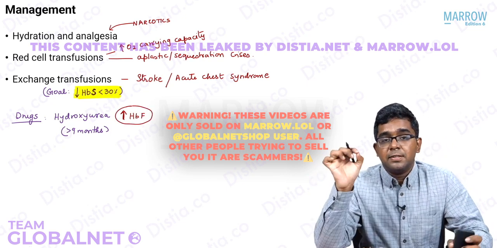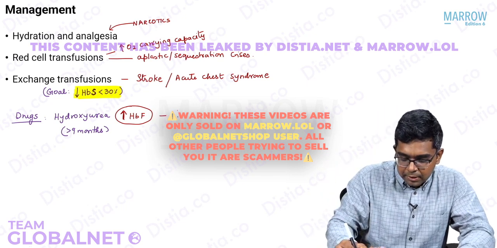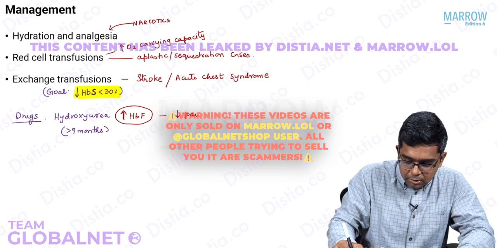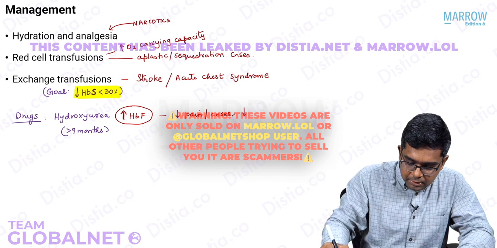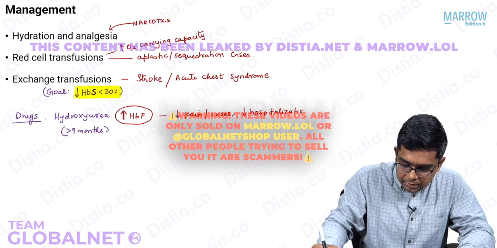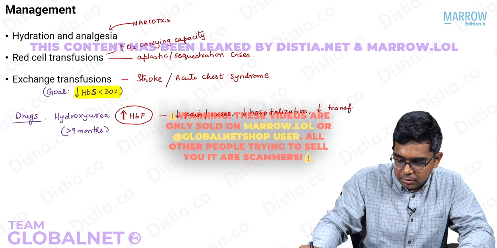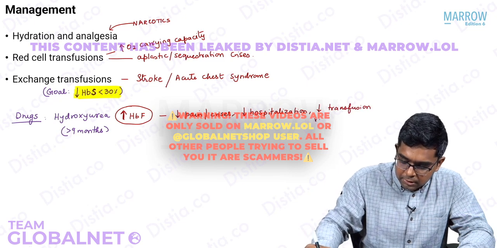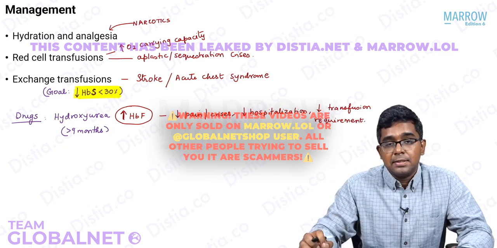This HbF is supposed to decrease the episodes of sickling, thereby decreasing the pain or the episodes of crisis, decreasing the rates of hospitalization, as well as decreasing the requirement of transfusion. That is how hydroxyurea is beneficial in a child with sickle cell anemia.